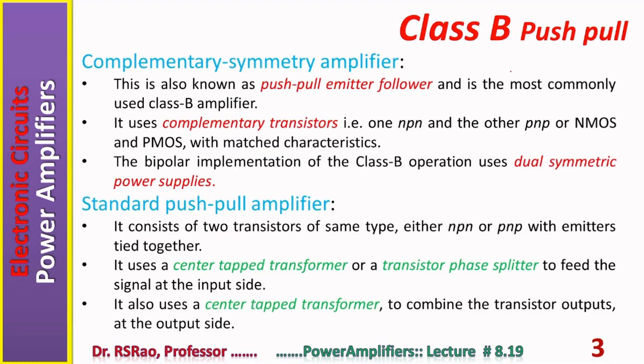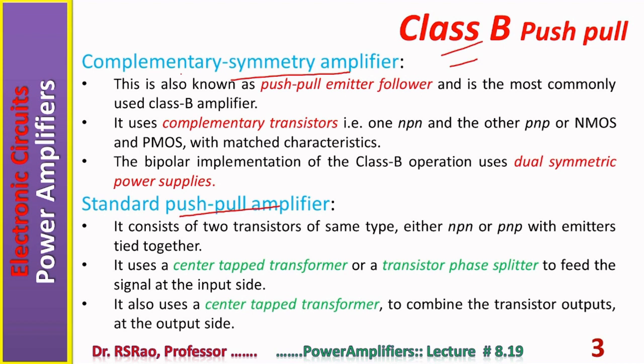Two types are there in class B: complementary symmetry amplifier, standard push-pull amplifier. Before going further, it requires to be mentioned here that class B amplifiers use two active elements, two transistors, either two BJTs or two FETs.